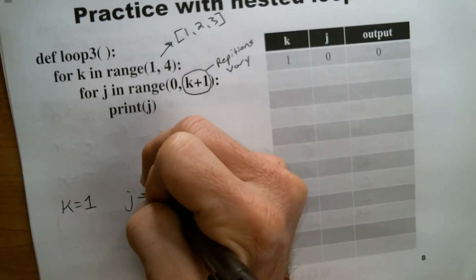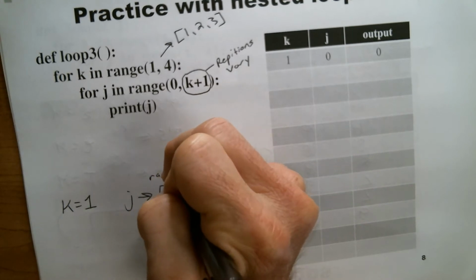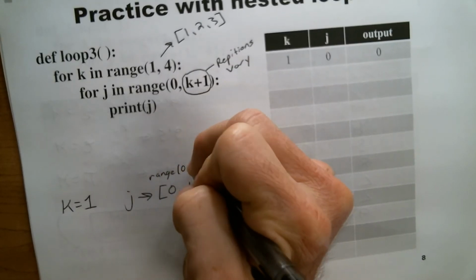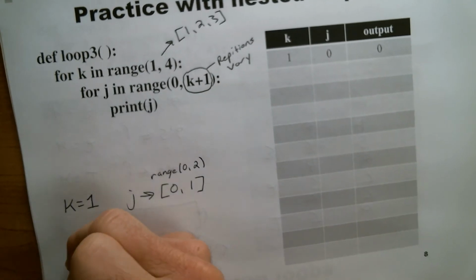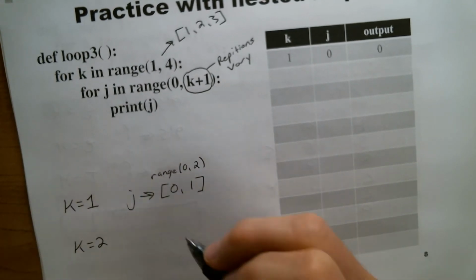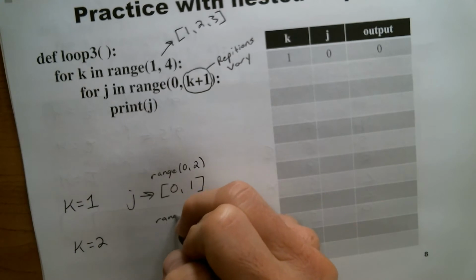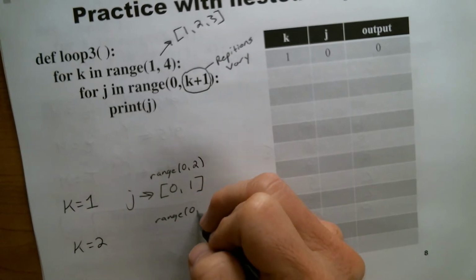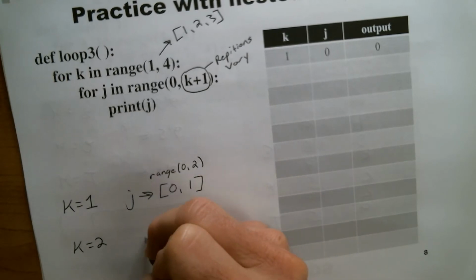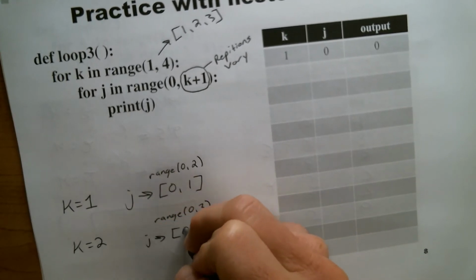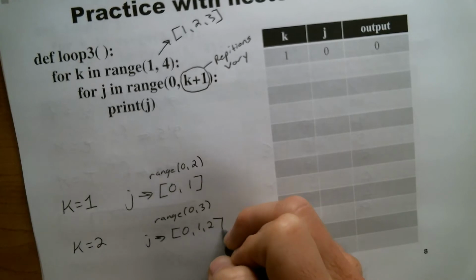Because it's going to be a range of 0 to 2. All right. When K equals 2, our range is still going to be 0, but now it's going to go up to 3, which means J is only going to give us 0, 1, and 2.